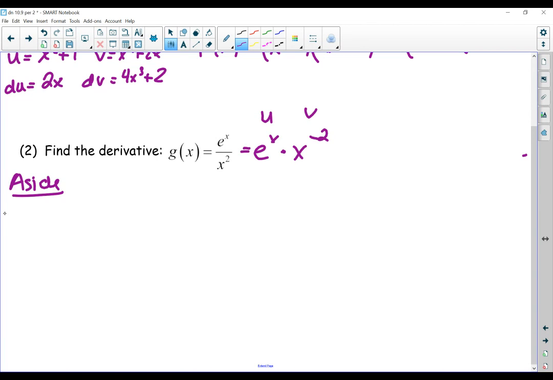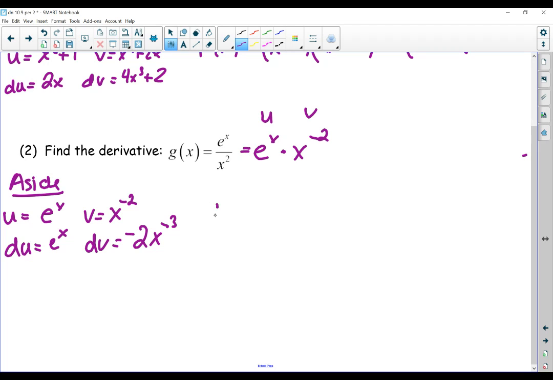Okay, so here I'm going to set up my u is e to the x. My v is x to the negative 2. My du, the derivative of e to the x is e to the x, my favorite. Derivative of v, x to the negative 2 is going to be negative 2, x to the negative 3. Also a pretty good one. Again, remember making things more negative is going to go down.